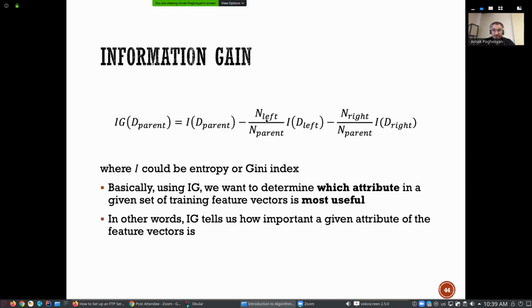Then we have the left and right domains. Here you see some weights: the number of points that we will find in the left domain compared to the parent. When you split your domain, you are splitting your observations into left and right domains. Here we calculate the weights, the fractions, the percentage of points that we will have in the left and right domains, together with the corresponding Gini or entropy measures for the left and for the right.